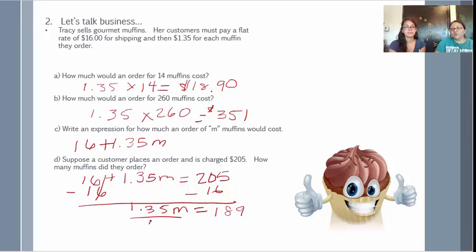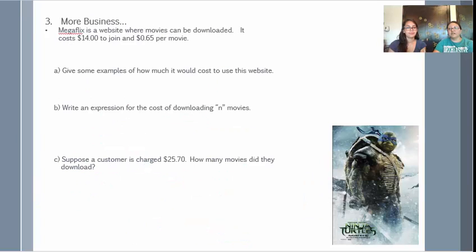So now we divide by 1.35 on both sides, and M would be 140 muffins. Here we go. Okay, so we'll move on to our next problem.